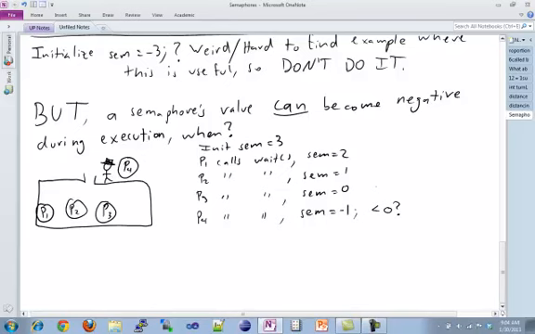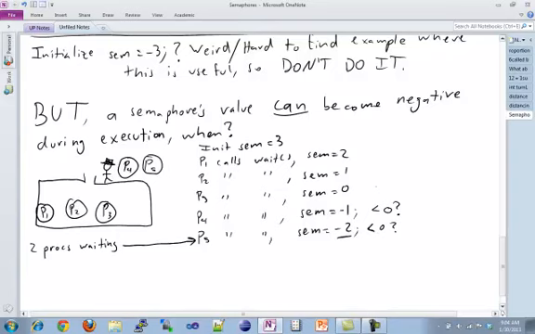Now let's assume P5 calls wait. We decrement our value. Sem is -2. We check if it's less than 0. Yes, it is. Because it is, P5 is going to have to wait. Now notice that at this point in time we have two processes waiting, and the value of sem is -2.